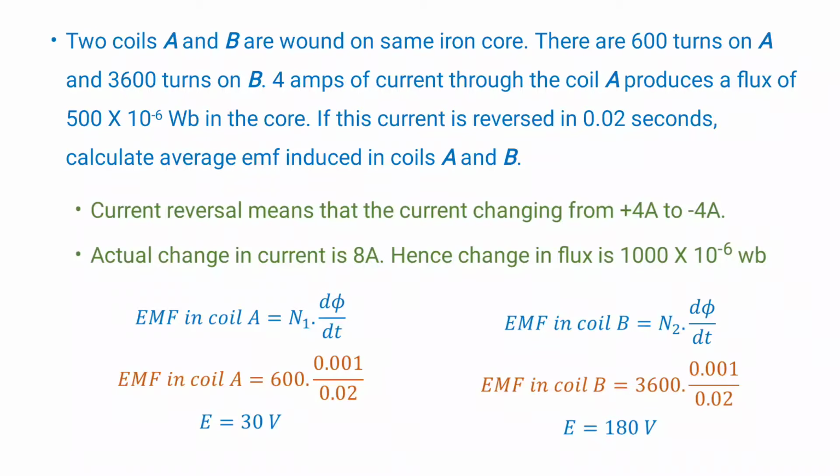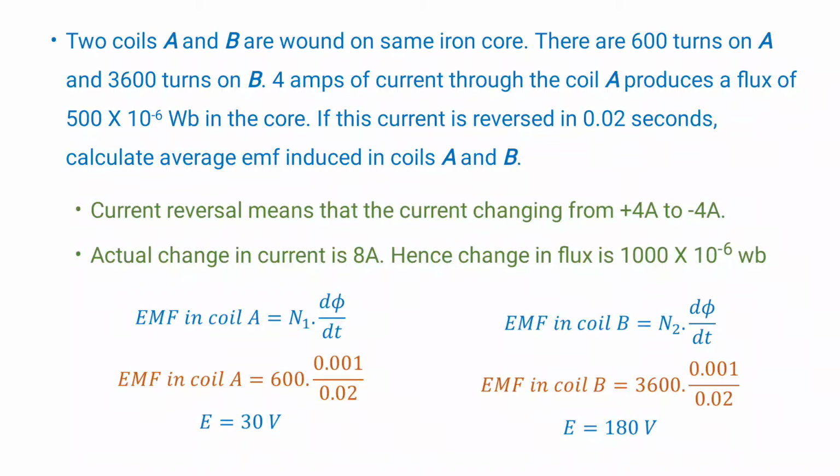The flux of 500 into 10 power minus 6 Weber is for only 4 amps. For a change of 8 amps, the flux change is 1000 into 10 power minus 6 Weber.